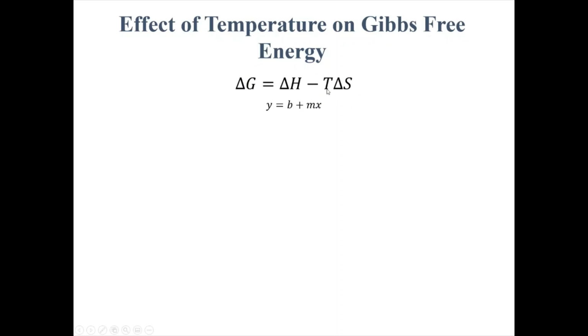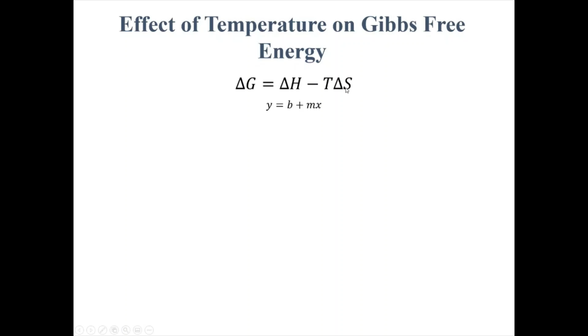And we know that these things tend to not change very much as a function of temperature. So if that's true, we can calculate delta G at any temperature using delta H minus T delta S, where the temperature is not necessarily 298 Kelvin.